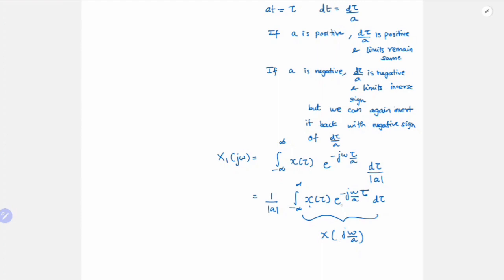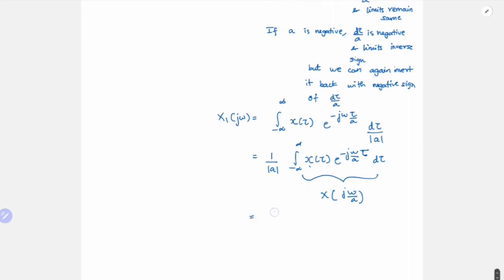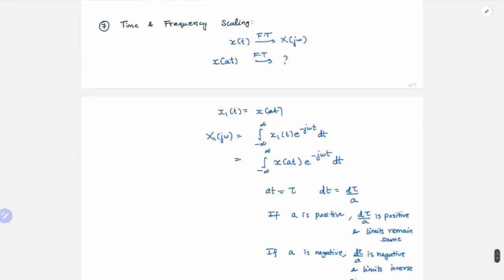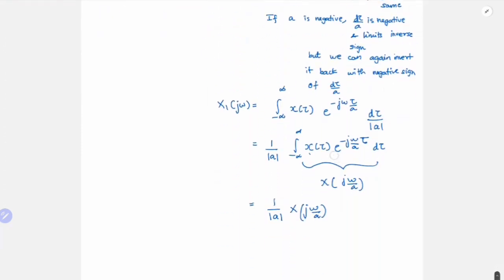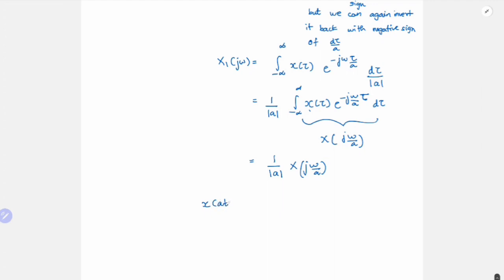It is the Fourier transform of x of t with omega replaced by omega by a. So this is nothing but 1 by mod a x of j omega by a. So this will be the Fourier transform of x of at. So x of at has the Fourier transform 1 by mod a x of j omega by a.